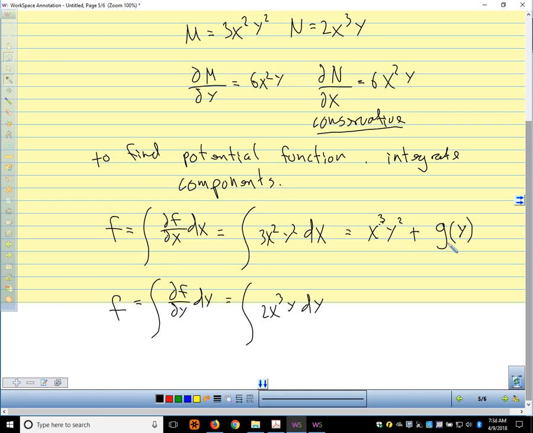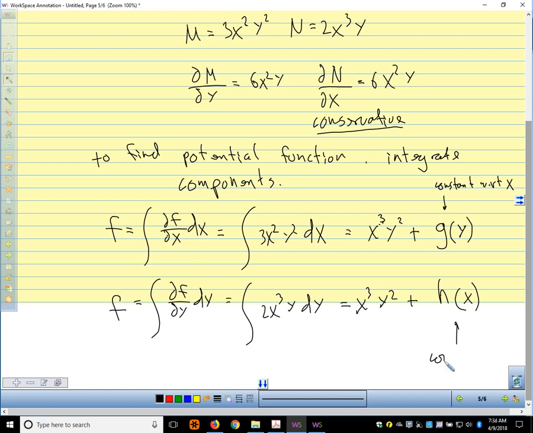A function of y is constant with respect to x. And when I integrate this with respect to y, what do I get? x cubed y squared plus, I'll say h of x.